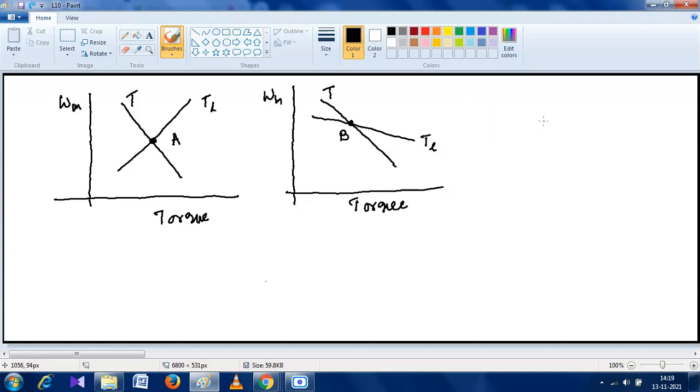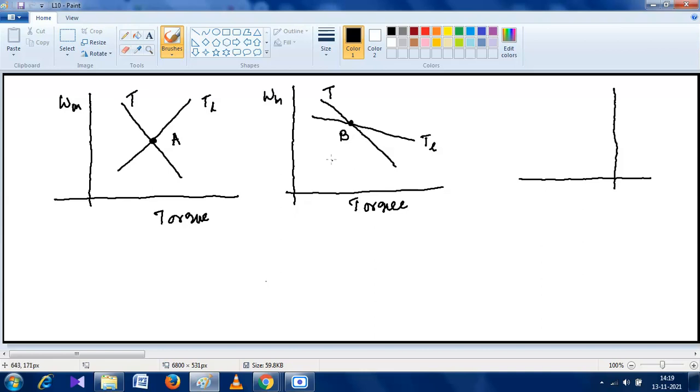Load torque and machine torque are equal. At that point, this is an operating point, or say an equilibrium point. When machine torque and load torque are the same, that point is called the equilibrium point.